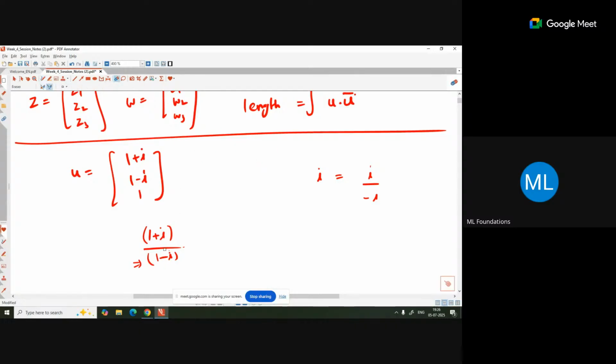For what purpose do you do simplification? I think he is trying to rationalize it so that it comes out to be real numbers.